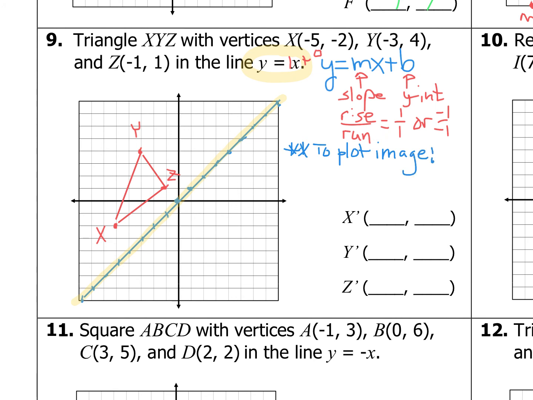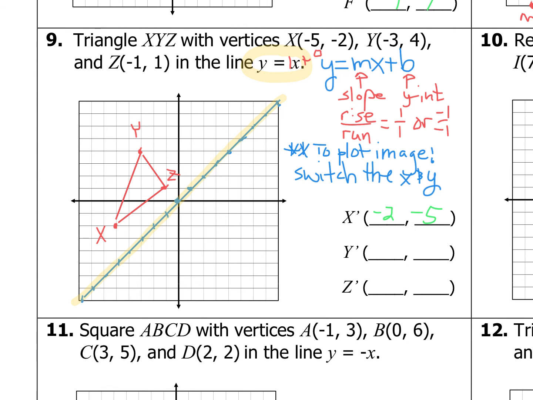You are going to just switch the x and y. So to find x prime, you're going to take your pre-image and just switch the -5 and the -2. If we switch those, we get a -2 and a -5. All we did was flip-flop the x and y.